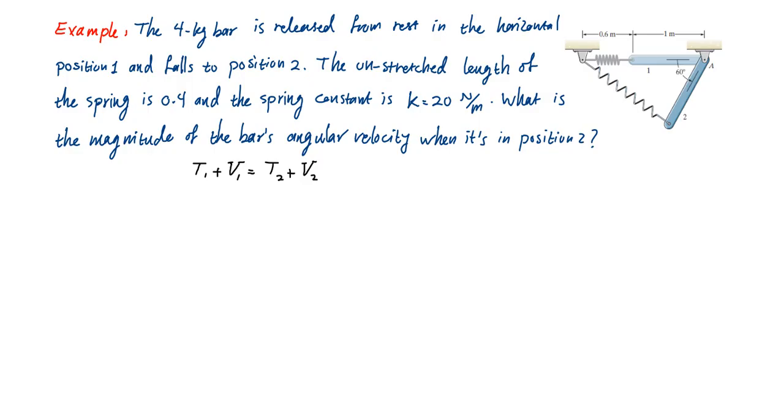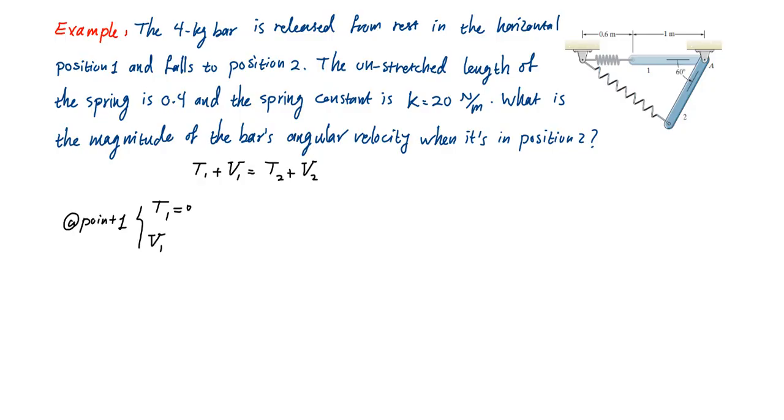Now, at point 1, we're going to look at different terms of this equation. At point 1, T1 is 0 because it is released from rest.